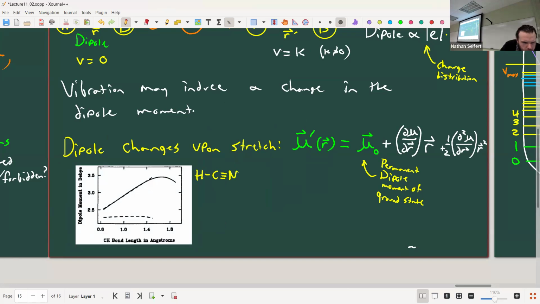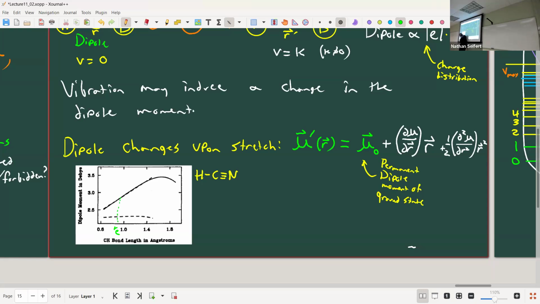The HCN bond length is probably about right here, so this is probably about R sub E. The molecule in its ground state: the y-axis is dipole moment and the x-axis is bond length. So this tells us exactly how the dipole is changing as we stretch the CH bond length. The molecule at ground state is sitting right here.